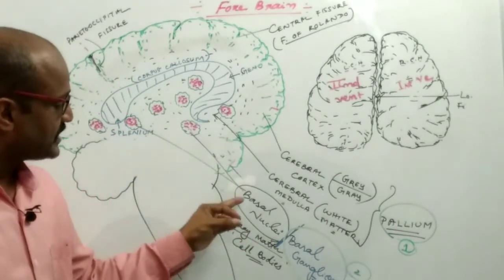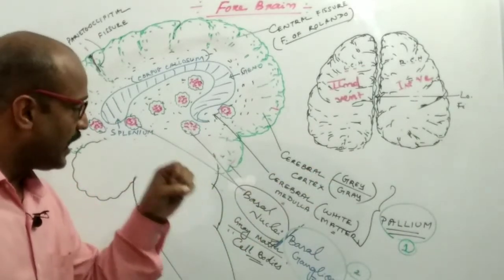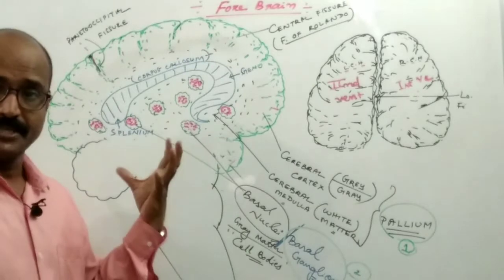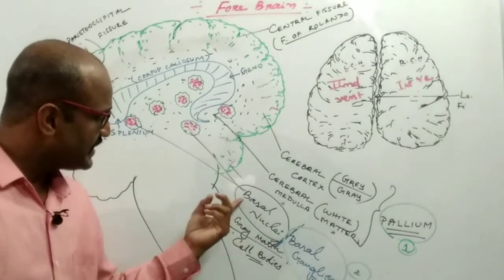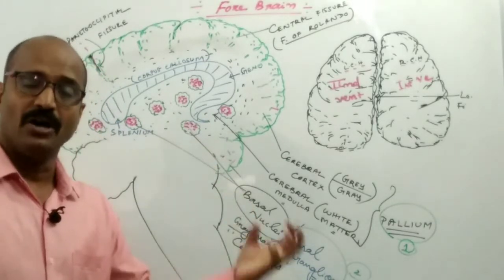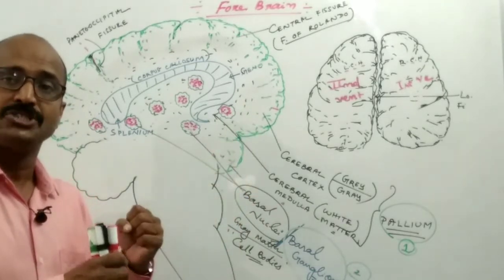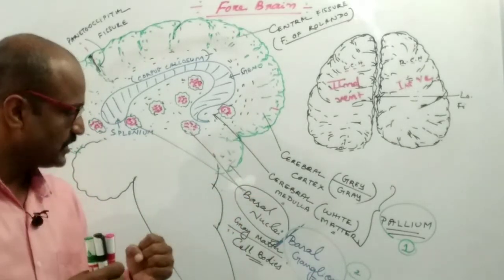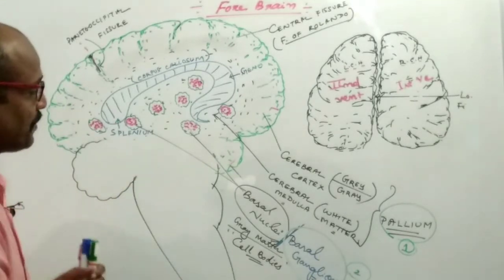The sensory basal nuclei receive the sensory impulse and interpret it. The motor basal nuclei generate the motor impulse by comparing input information with past information, and accordingly they relay or generate the motor impulse.